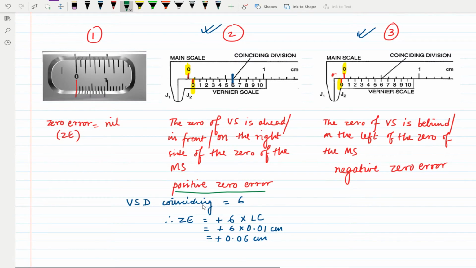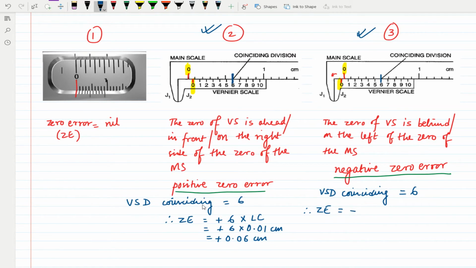Okay, and how do you find the negative zero error? What you will do is you will first find the vernier scale division coinciding. You can see in this case also it is the 6th division which is coinciding, so it is equal to 6. Now note carefully, you will write zero error equal to, you'll put a minus sign.